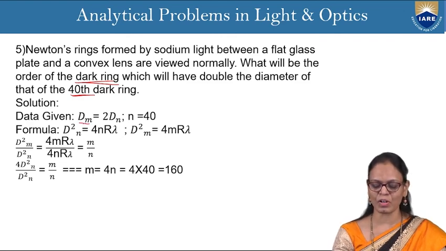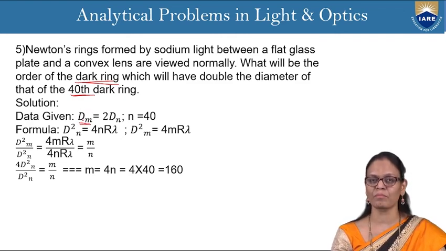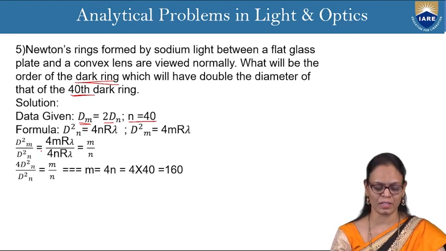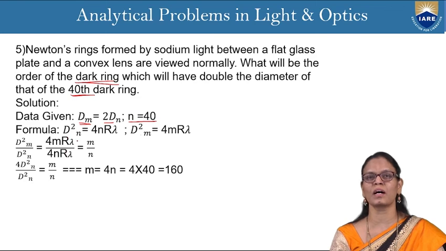So the diameter of the ring dm will be double the diameter of the nth ring. Here we are given the 40th ring, so take n is equal to 40. We'll write the formula for dm square and dn square and simplify. What we get is m by n, because 4 m R lambda upon 4 n R lambda, as the source and the radius of curvature remain the same here.